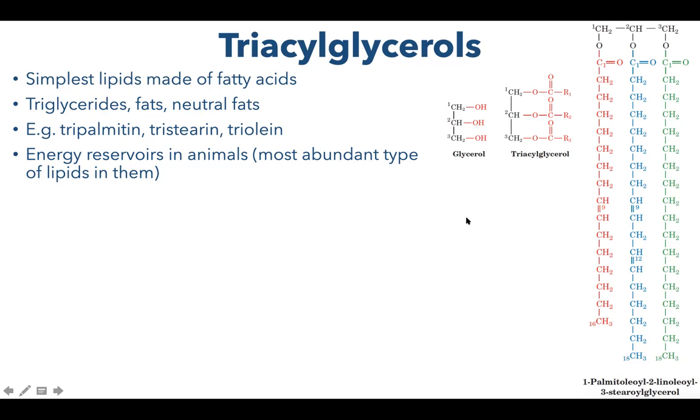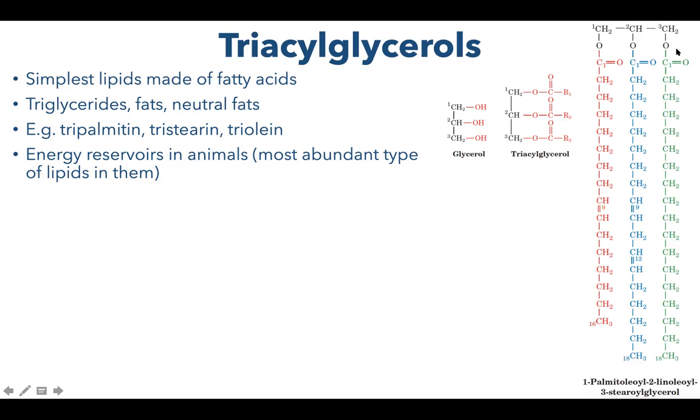Neutral because yung fatty acids natin, originally charged dapat yon, di ba? So deprotonated yung carboxyl functional group at pH 7. But since it condenses with your glycerol, nawawala na yung charge na yon.